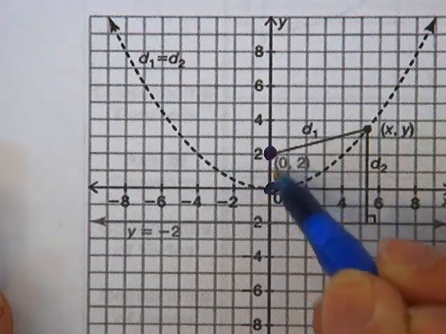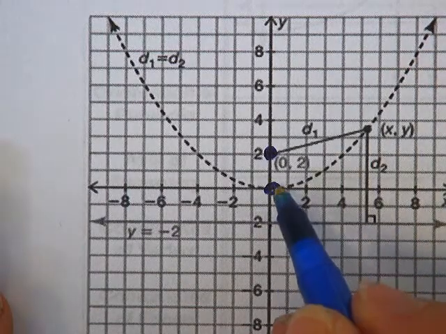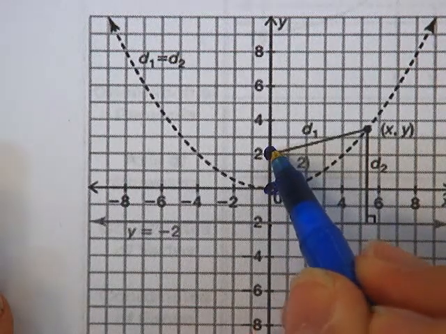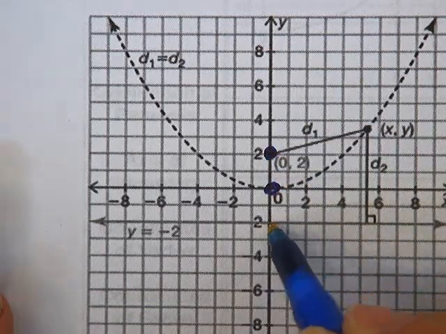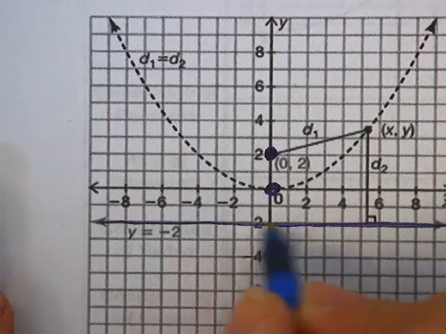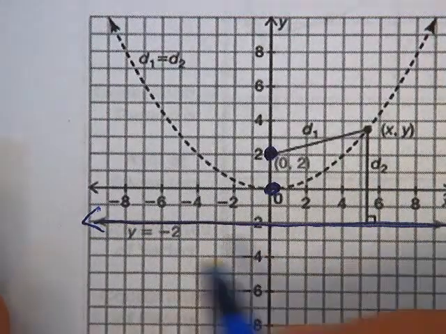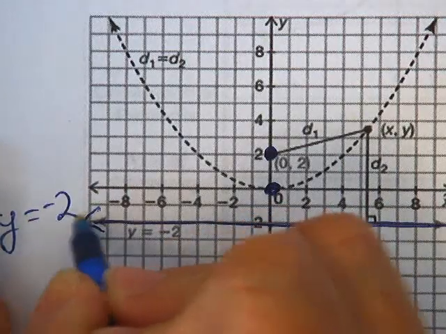The directrix is always in the opposite direction of the focus, and it's the same distance. I had to go 2 up to get to the focus. I'll go down 2 to get to the directrix. So my directrix is the line y equals negative 2.